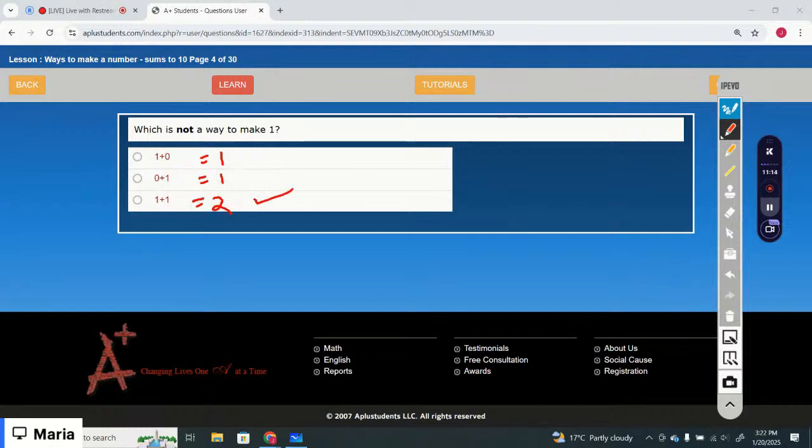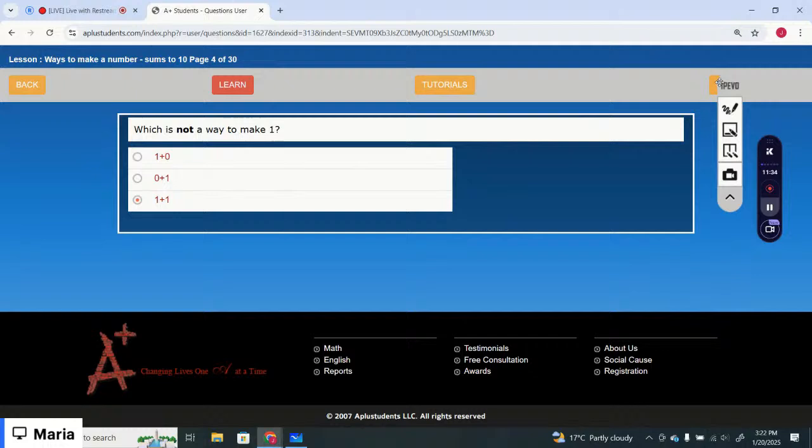So that is the option that is not a way to make 1. Option number 3 is the correct option.